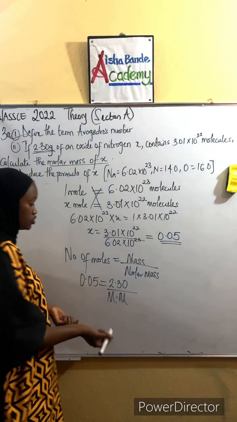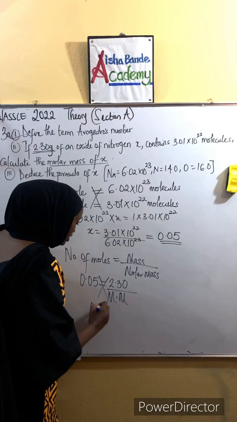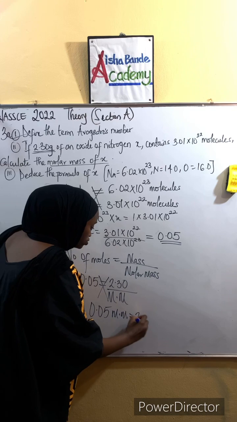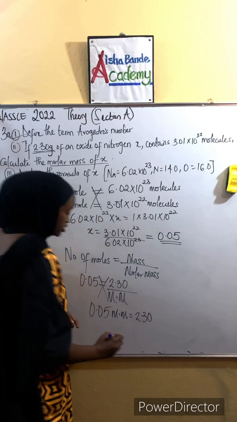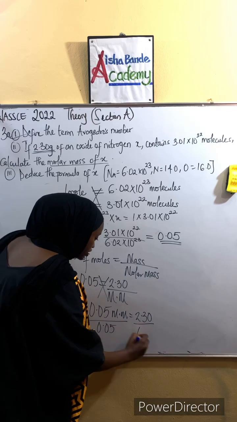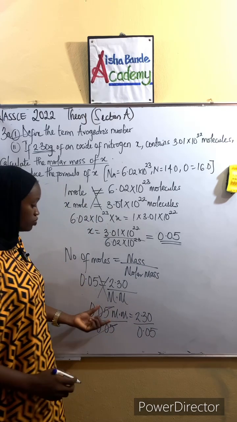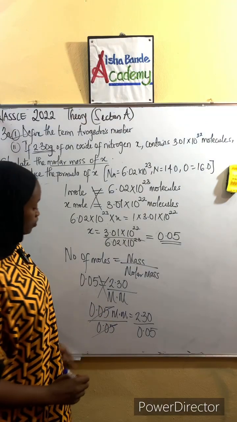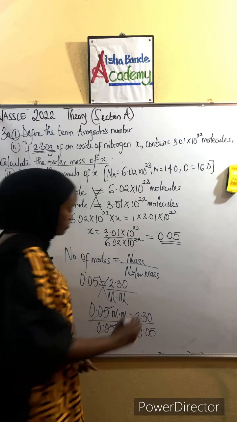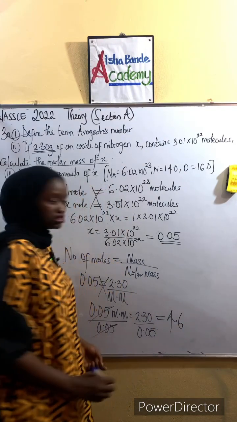Cross multiplying, we have 0.05 mm is equal to 2.30. Dividing through by 0.05 on both sides, the 0.05 cancels out, and we are left with 2.30 divided by 0.05. When we punch the calculator, this gives us a value of 4.6.